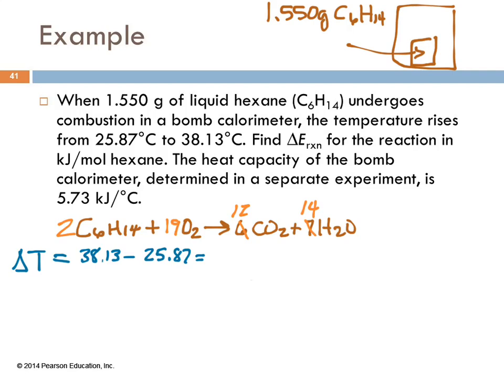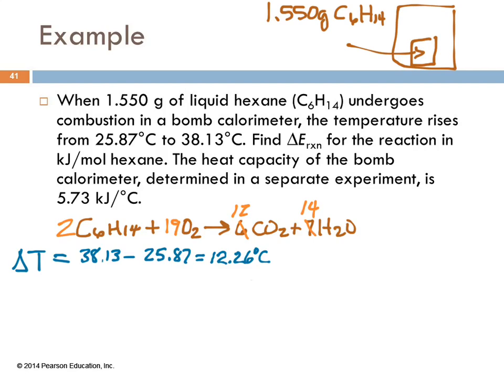Always forget my calculator. 38.13 minus 25.87 is 12.26 degrees Celsius.